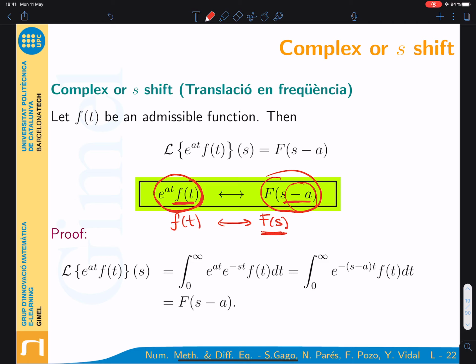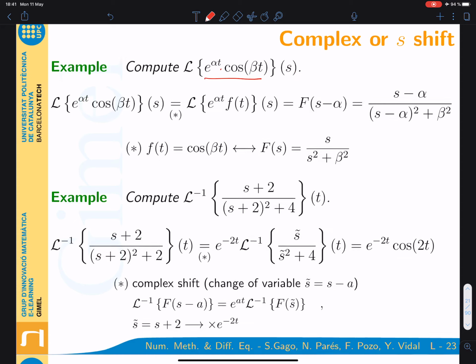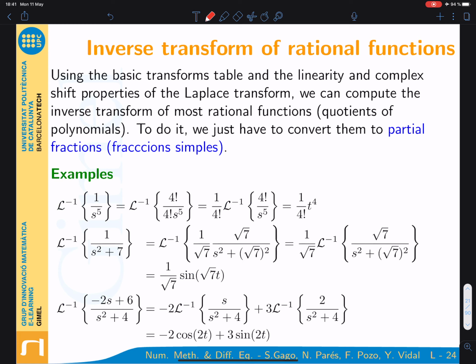Okay, this is another very important property, which is translation in frequency. Now, you have some examples here that you can try to do by yourself at home and try to compute the Laplace transform of an exponential times the cosine function, for example.